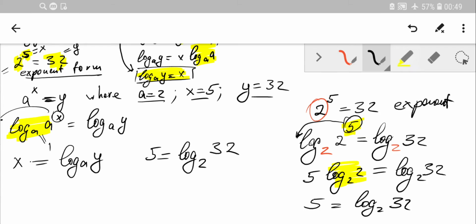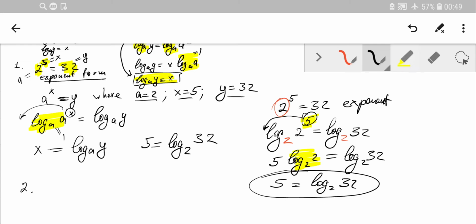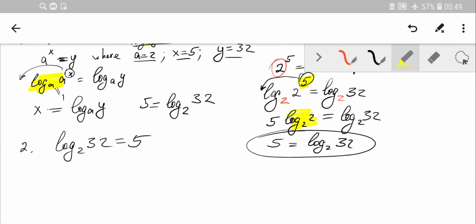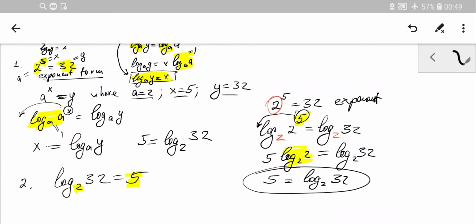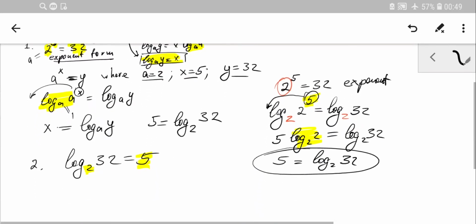Now let's do the reciprocal procedure, meaning the inverse. Let's say you have log base 2 of 32 equals 5, and from there you need to get an exponent form. We just need to use the definition of what log is, because log is an inverse operation applied to an exponent form.